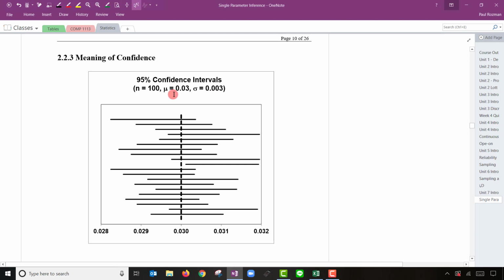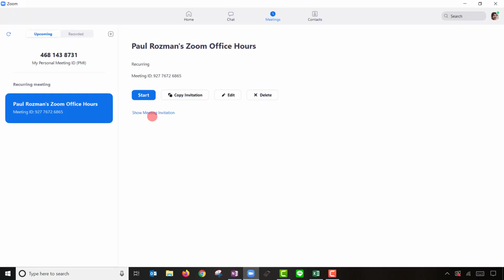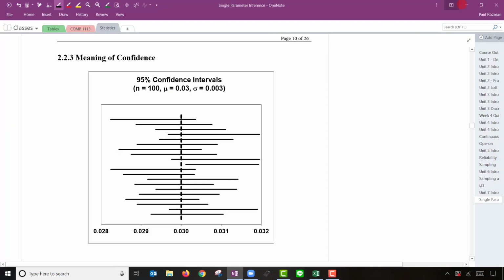So I knew mu, I knew sigma. I generated 100 random numbers from there. Then I calculated X bar. So my first experiment, I got a mean, say here, and then I put the plus or minus on it.